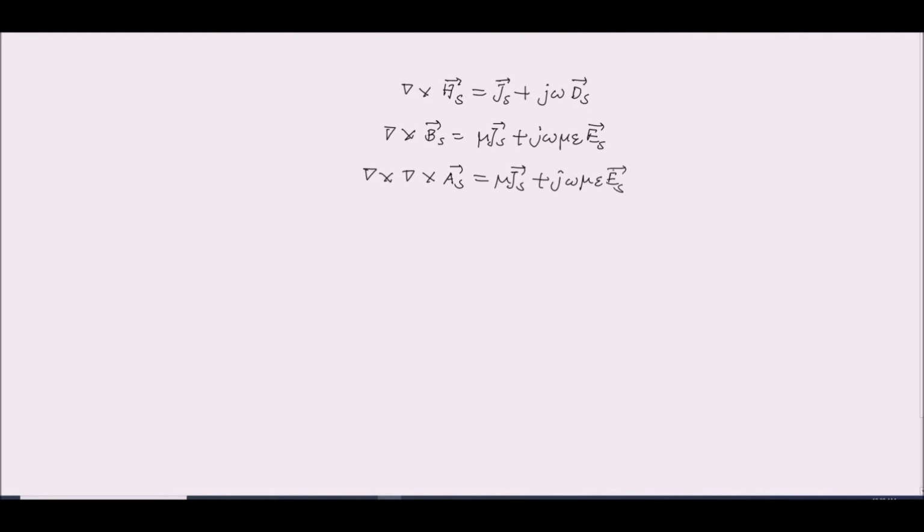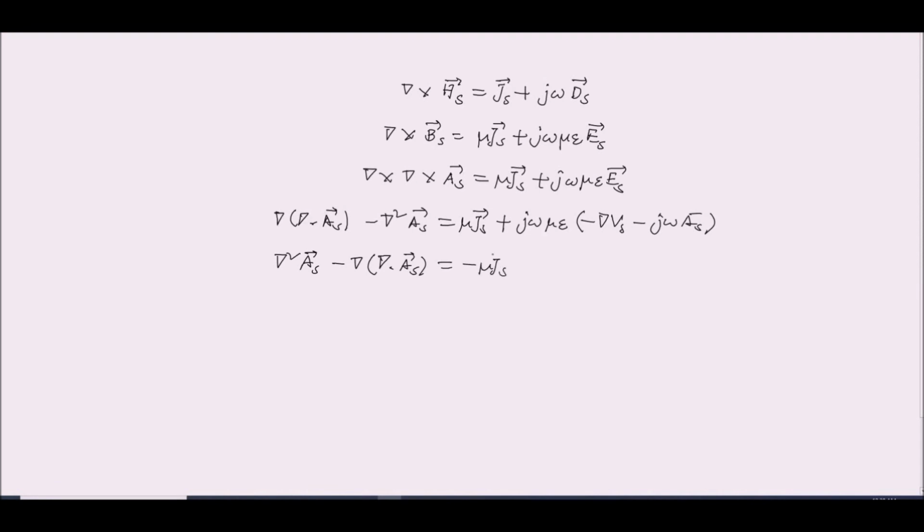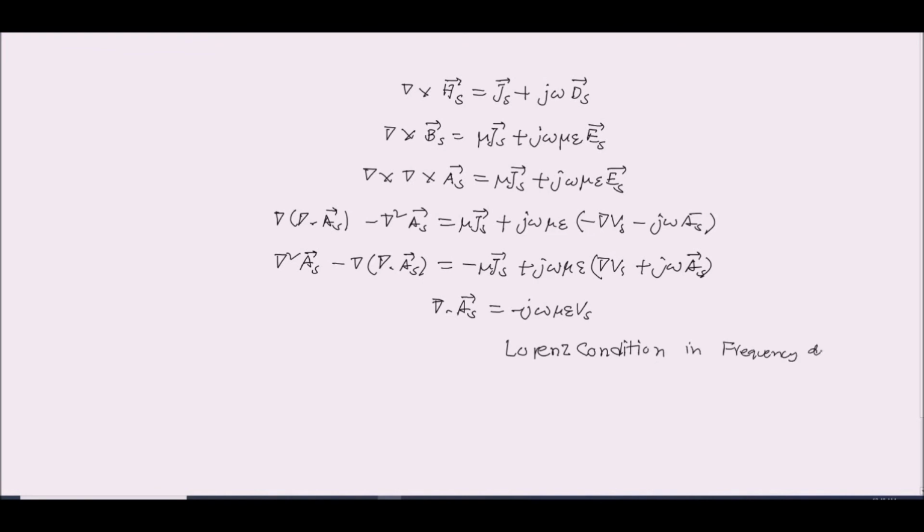We are replacing Bs with curl of As, then expand this curl of curl of As and replace Es with negative gradient of Vs minus j omega As, and we assume that divergence of As is equal to negative j omega epsilon mu Vs, that is called the Lorentz condition. And if we introduce this Lorentz condition in my equation, you will come up with the vector Poisson's equation.